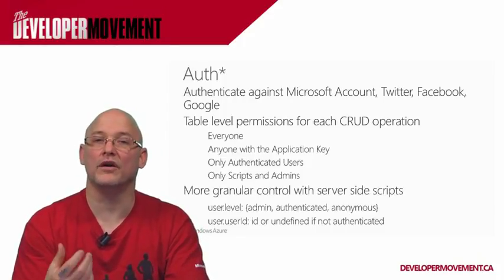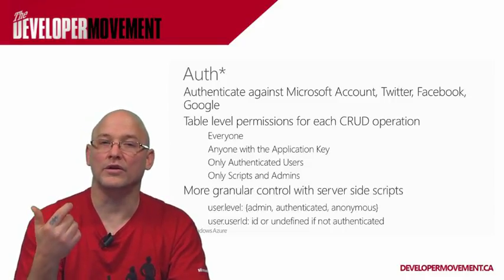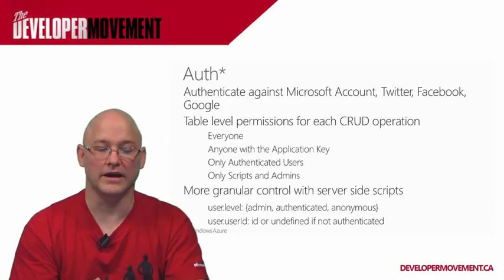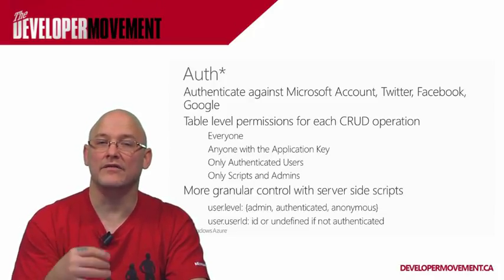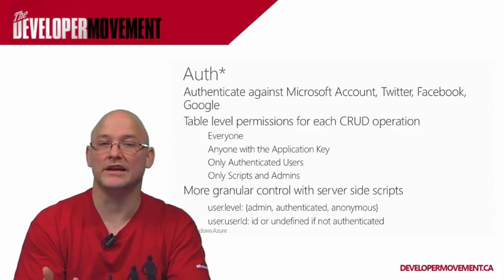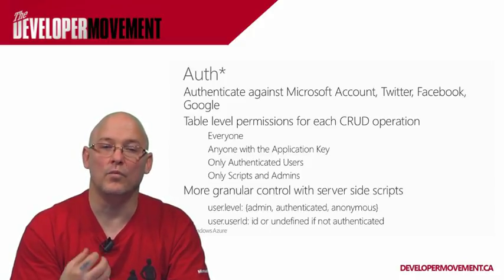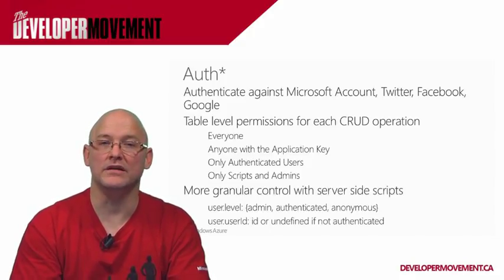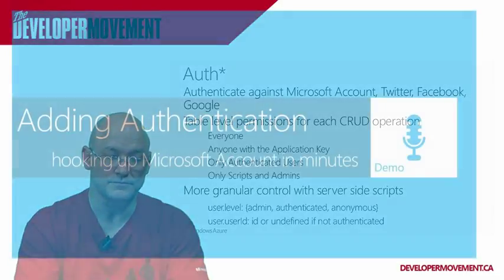This would be where you've authenticated with another service, like a Microsoft Live account or your Twitter, your Facebook, or your Google account, or only scripts and admins. So you can actually set it even more granularly than that as well with server-side script controls. So it allows you to really create whatever the experience is that you need for whatever security model best suits your use case and your business.